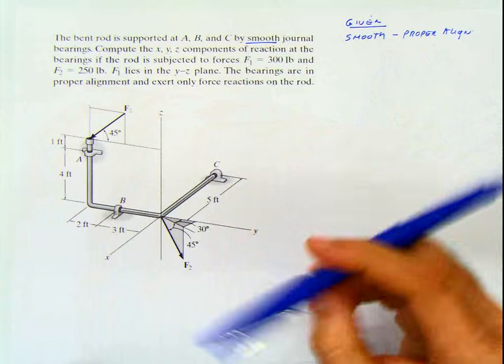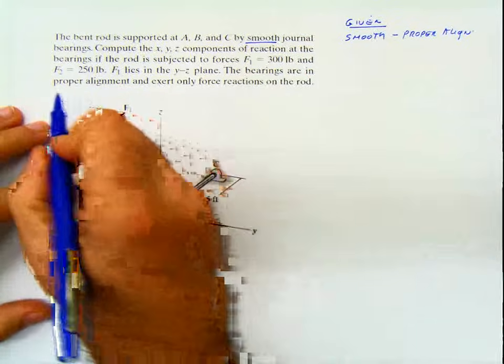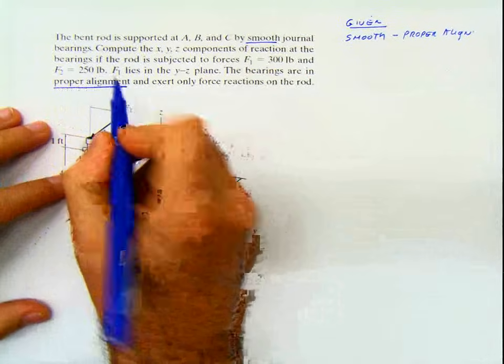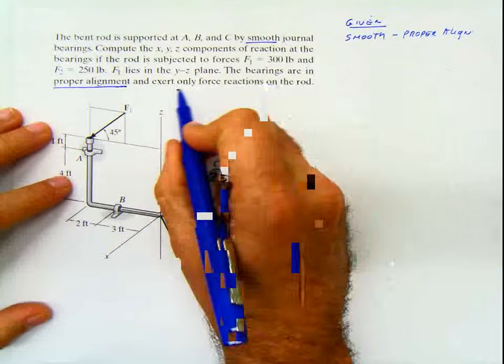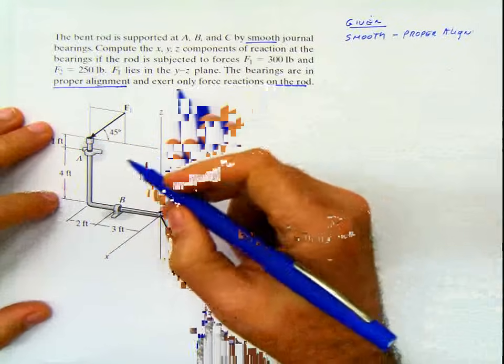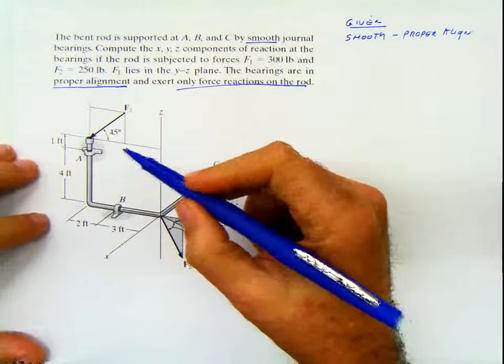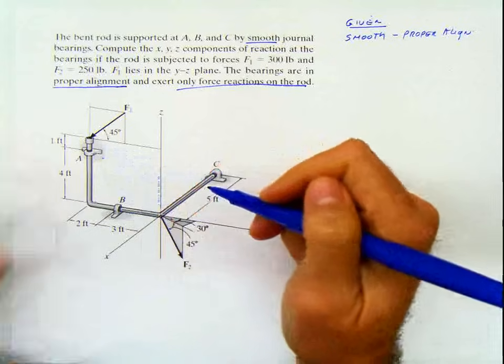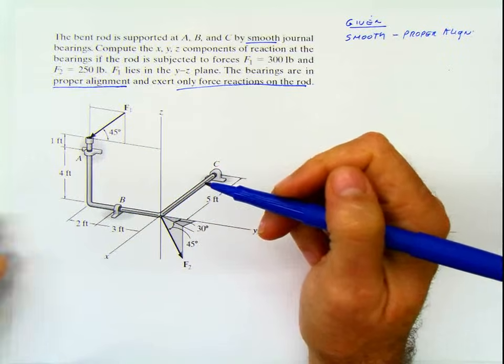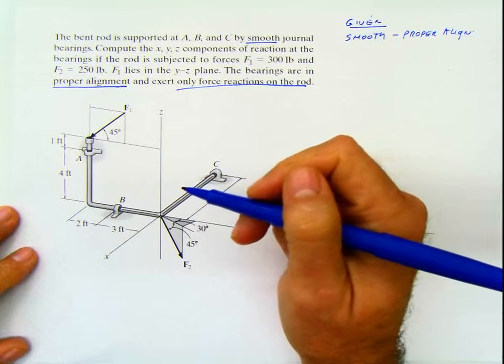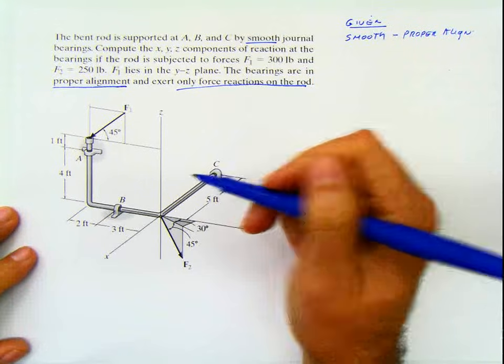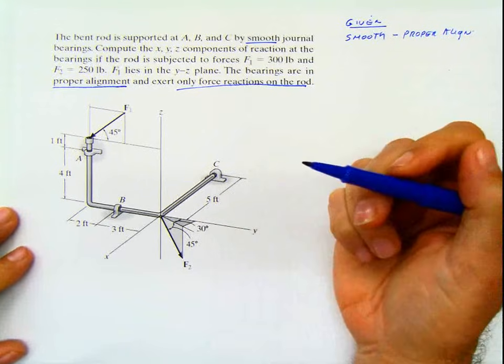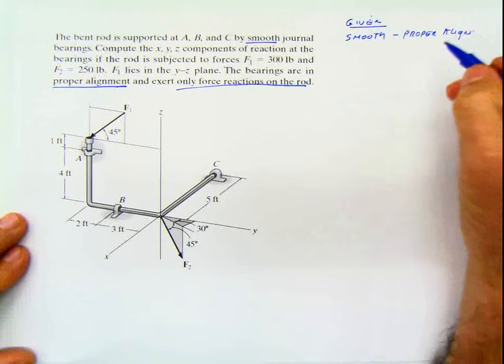Because when you say properly aligned, there's only force reactions on the rod. It's not that the bearings cannot withstand any moment, because they can. It's that the moment isn't going to be produced. So that basically simplifies our calculations a lot.